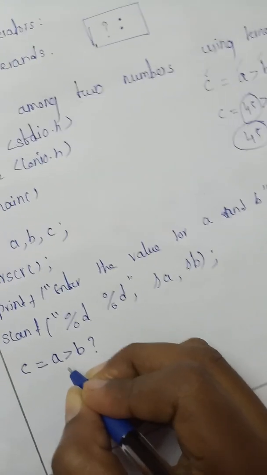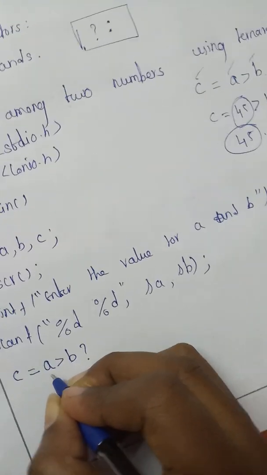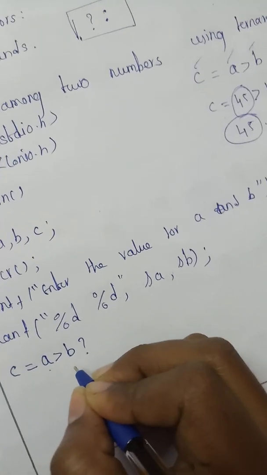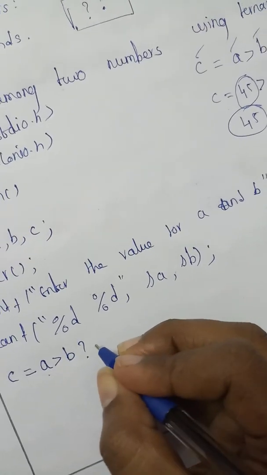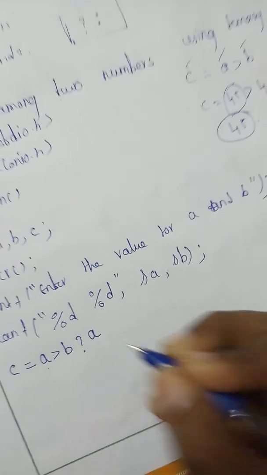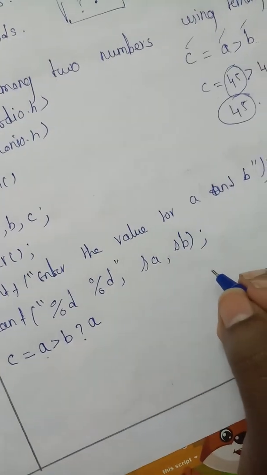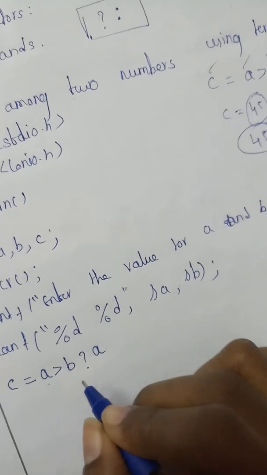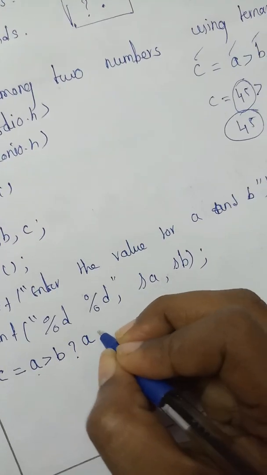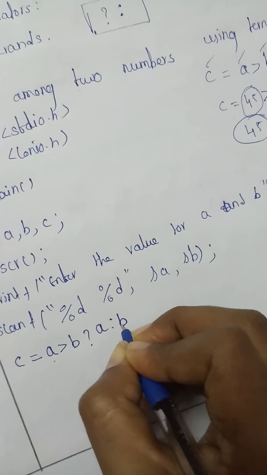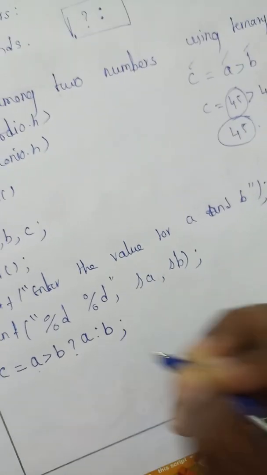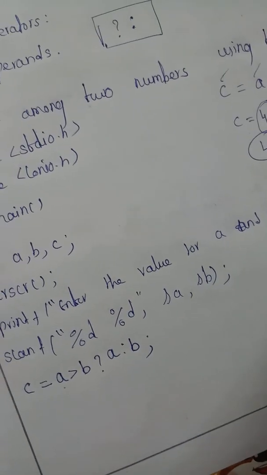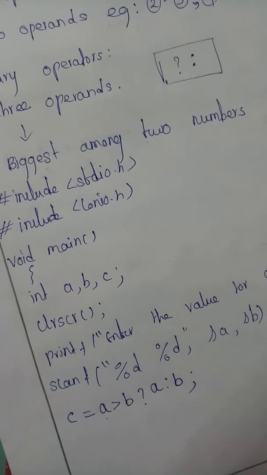This is a question mark. We need to first find whether a is greater than b or not. If a is greater, then the output will be a. Or else if b is greater, then the output will be b. We need to declare the ternary operator like this.